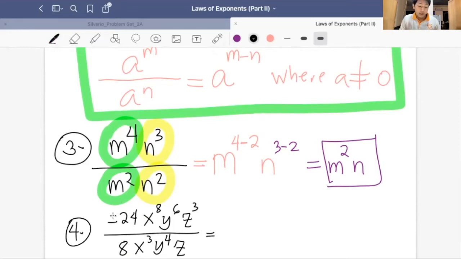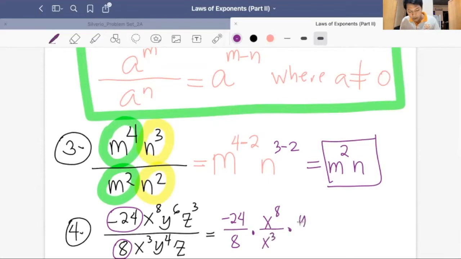We have here the numerical coefficient, which is negative 24, and we also have 8 as the numerical coefficient of our denominator. So in this case, let's just divide negative 24 over 8. And then we have x to the 8th power over x cubed. We can actually separate them as x to the 8th power over x cubed times y to the 6th power over y to the 4th, and then times z cubed over z.